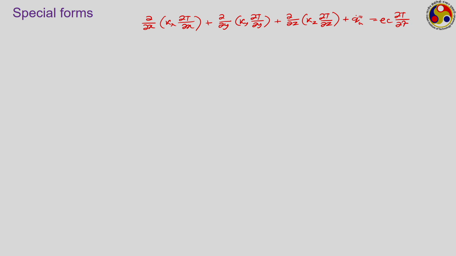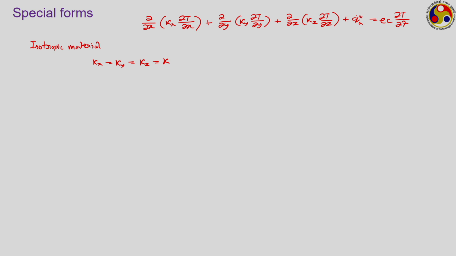The first simplification we can have is if we are dealing with an isotropic material. Isotropic means the thermal conductivity is direction independent, that is kx equals ky equals kz equals k, let us say. Then we can drop the subscript and it becomes k in all the expressions.